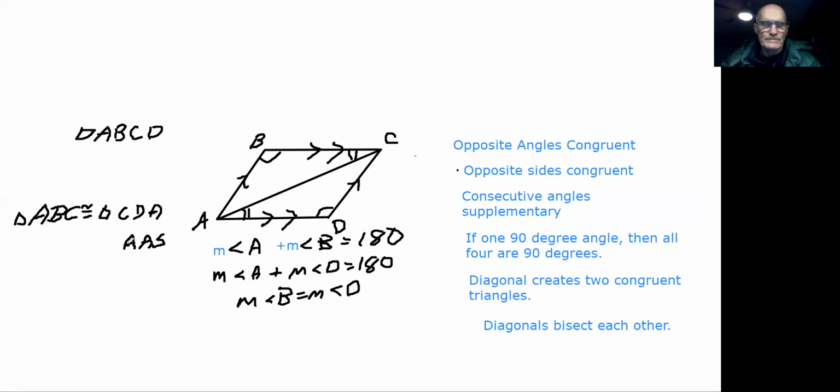Now, if you remember, with a congruent triangle setup, we have 6 pieces of information. 3 of them we have used.